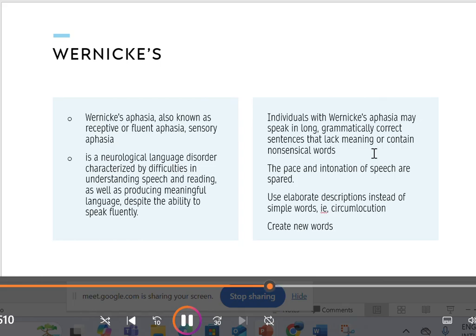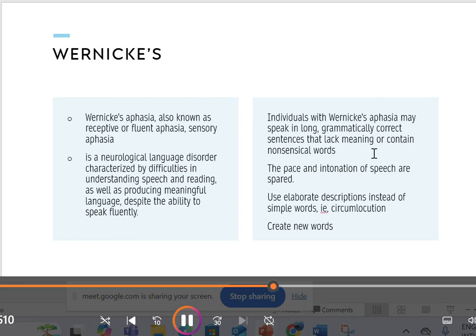Then he is also not able to produce meaningful language. He is able to produce fluent language but not meaningful language. What he says is fluent in language pattern only. He talks in the pace, pitch and intonation, everything of a language, like a proper sentence, but it is not a proper sentence, it is not meaningful.